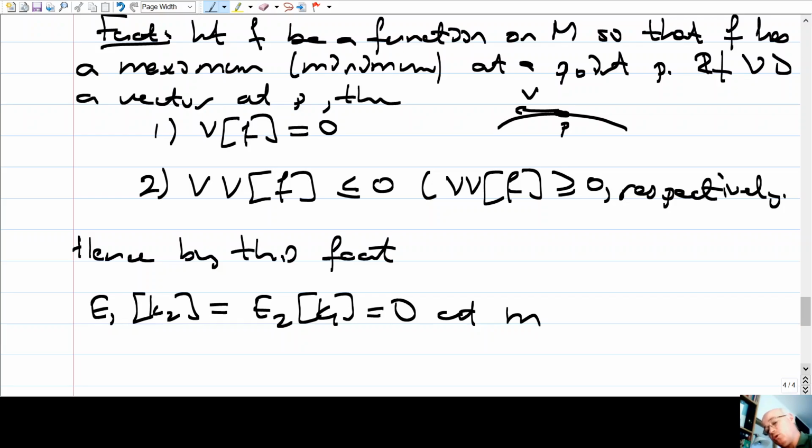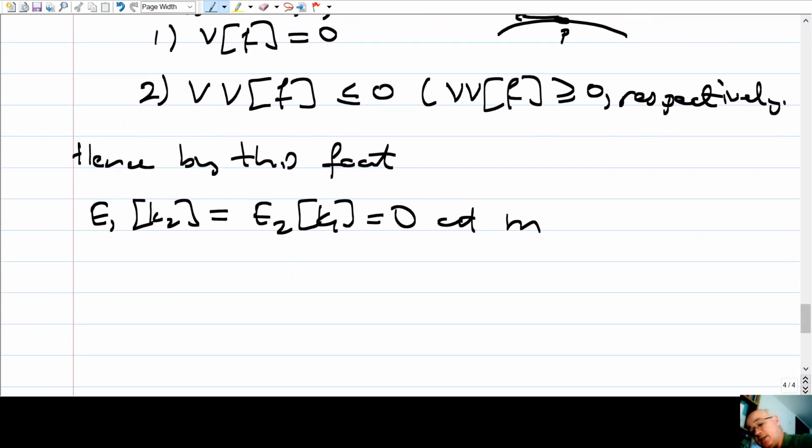So they have both extreme values. Therefore, these are 0. These are 0 actually for all vectors, but in particular for K1 and K2.